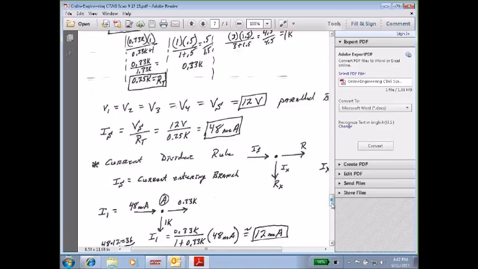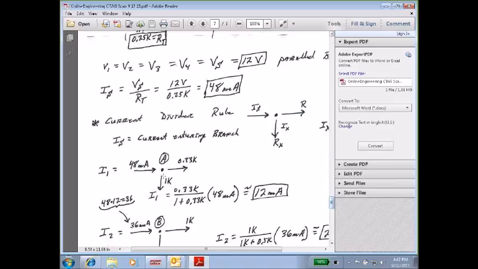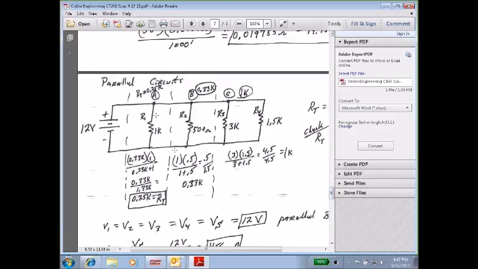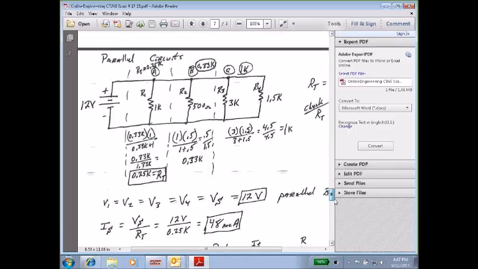Now, in our example, let's look at a snapshot of junction A. At junction A, we have the source current of 48 milliamps coming in. We've got 1K this way. And how much did we say we had over here? That's that 0.33K that we found earlier.